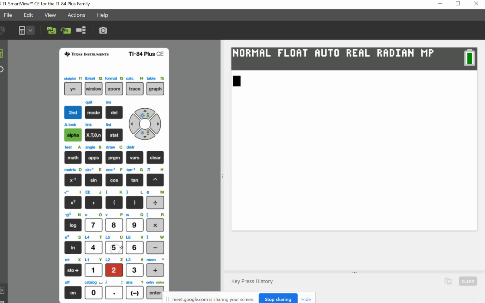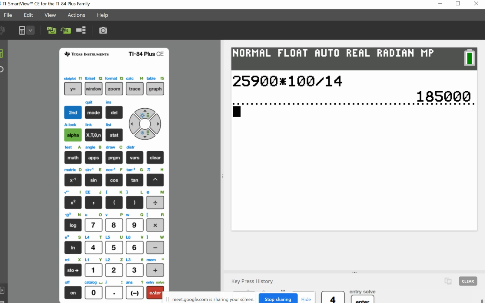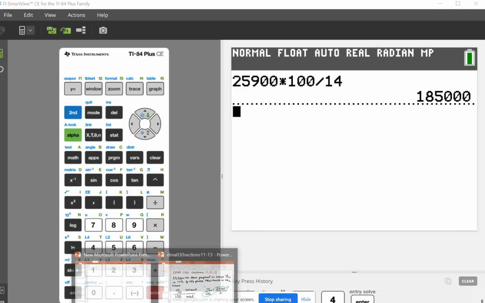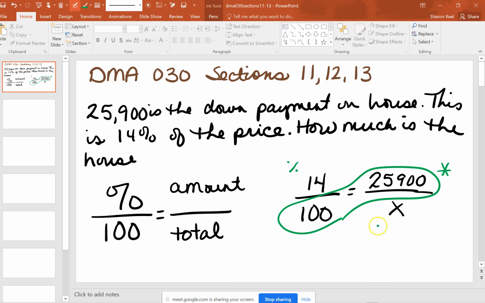So 25,900 times 100 divided by the one that was paired with the blank means the price of the house is $185,000. So here that would be $185,000.